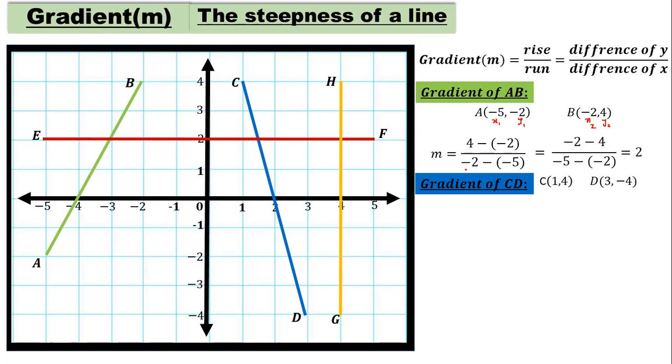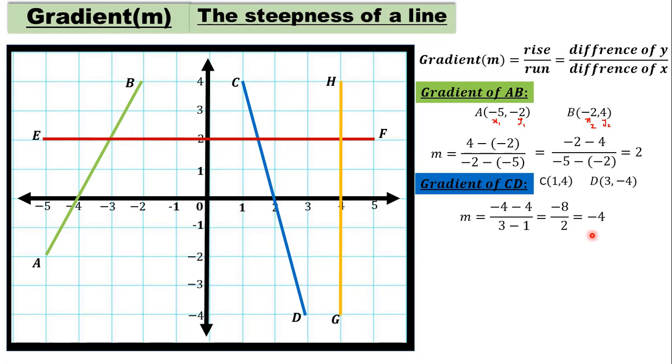Now if we want to take the gradient of this line, we will simply take the difference of the y values and put them in the numerator, which is -4, and take the difference of the x values, which is 3 for D and 1 for C. Then we will get the gradient m, which is equal to -4 divided by 3 minus 1, and the answer is equal to -4.